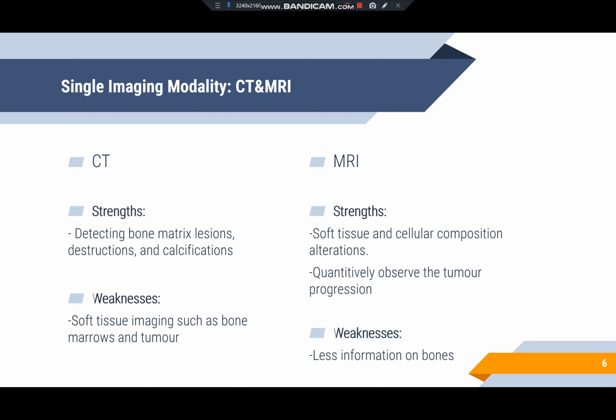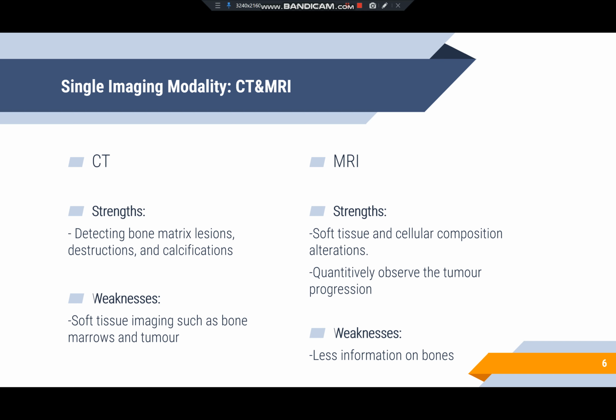This ability provides excellent soft tissue contrast without using ionizing radiation. However, concerning the restriction of each imaging modality, CT imaging tends to lose detail on soft tissue such as bone marrow, while MRI cannot depict minor lesions in the bone structure.